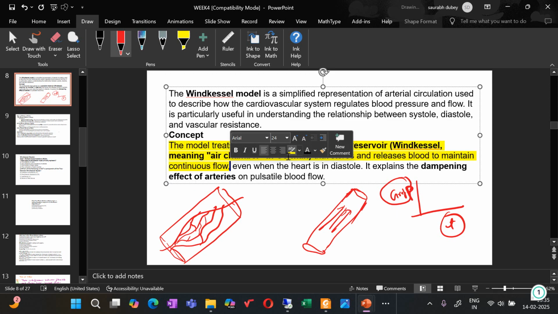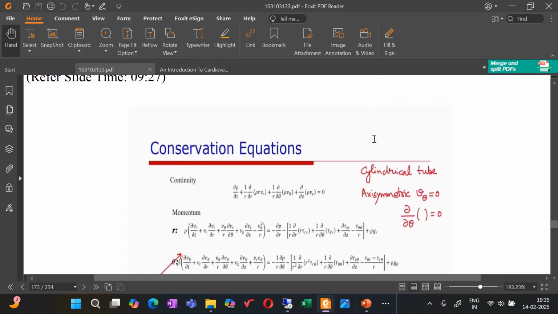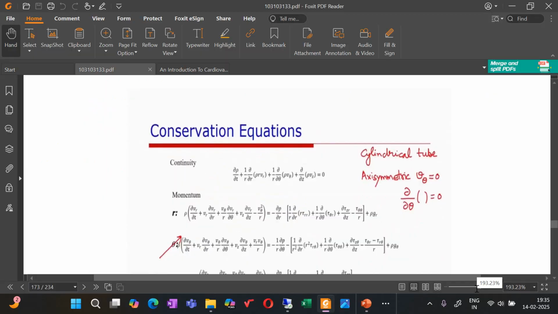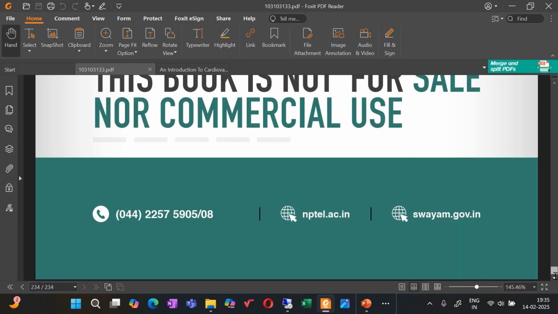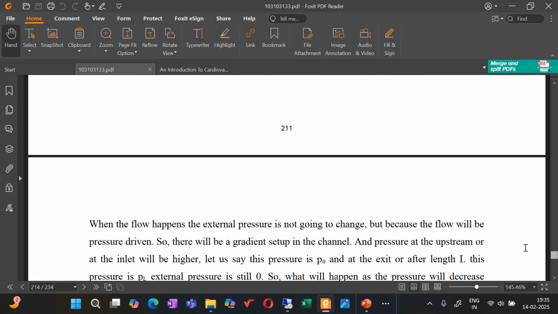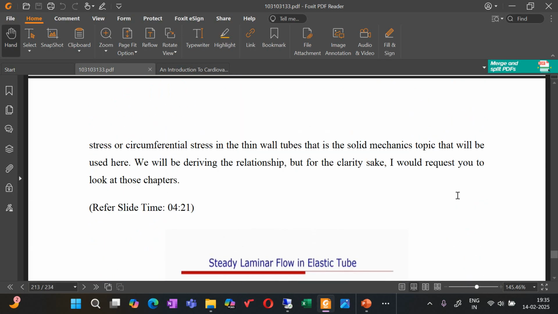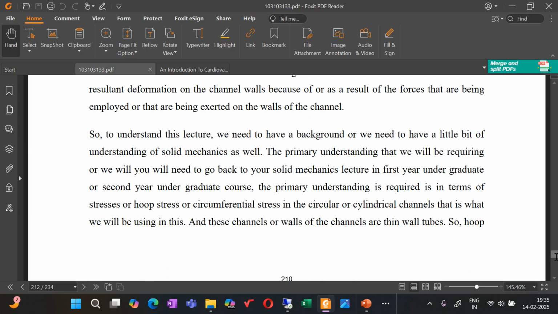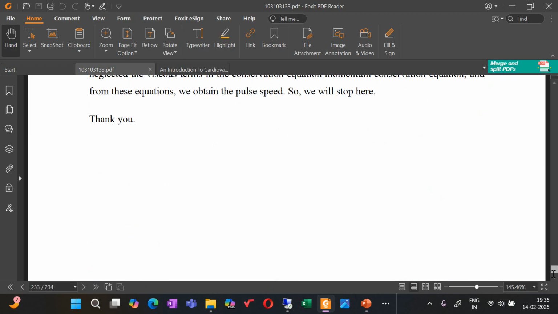So this was the main thing. And let me show you in this particular lecture where the sir has discussed the same, the way this word came into the picture.